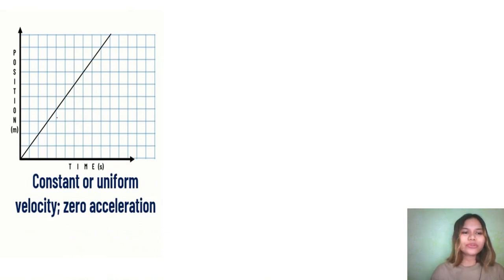If you encounter a straight line going upward, it means there is a constant or uniform velocity. When you say constant, constant means hindi nagbabago. Zero acceleration.